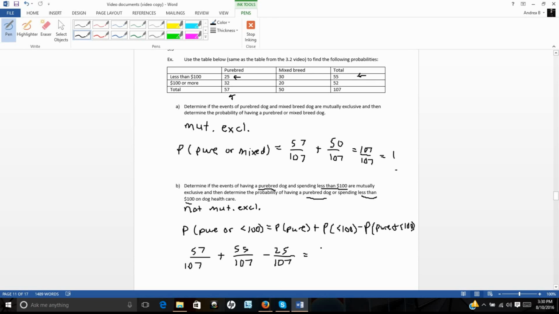So here, if we add together 57, 55, and then subtract off that 25 there, you should get 87 out of that total there of the 107. And once again, if you want to, you can approximate that here as a decimal. Make sure to go out at least 3 decimal places if you do so. So here we'd get approximately 0.813 for our probability in that case.